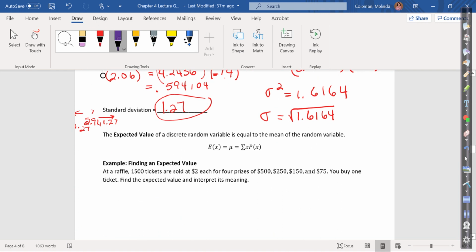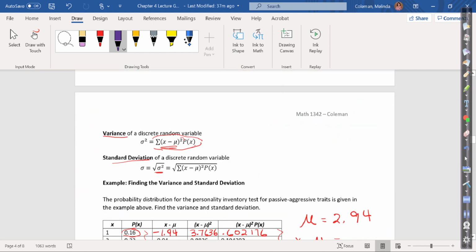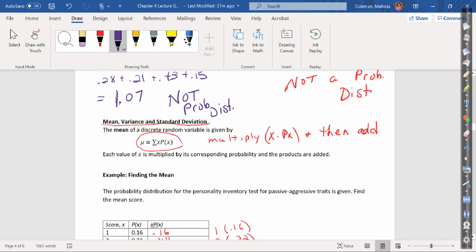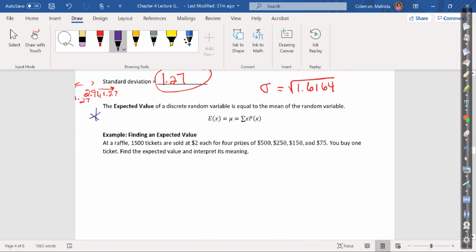All right, next we're going to talk about expected value, because the expected value is much like the mean we calculated earlier. So here was the formula for mean: the sum of x times p of x, and expected value is the mean, x times p of x summed together.